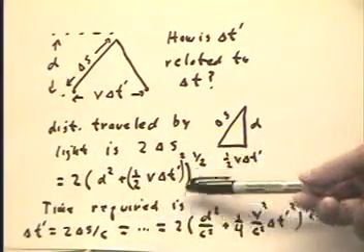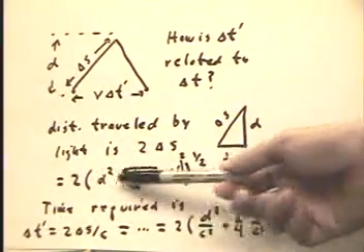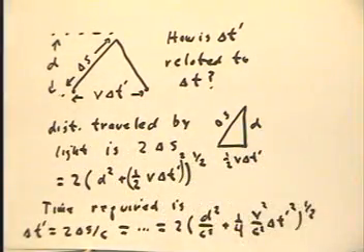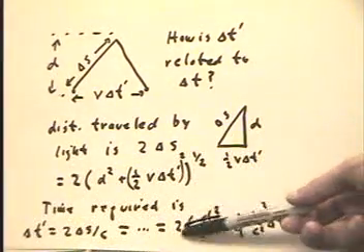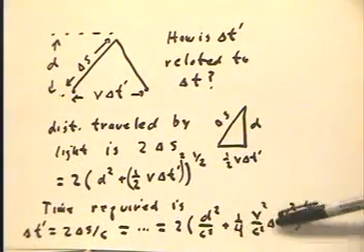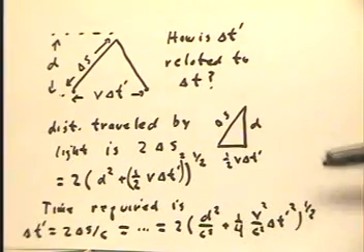If we divide through by c under the square root, we have to divide every factor by c squared, and we get this expression. Okay, so delta t prime is 2 times the quantity d squared over c squared plus 1/4 v squared over c squared delta t prime squared, all raised to the 1/2 power, the square root.